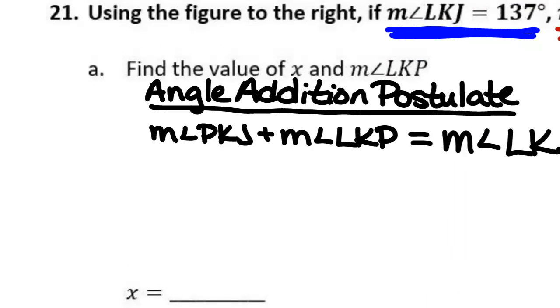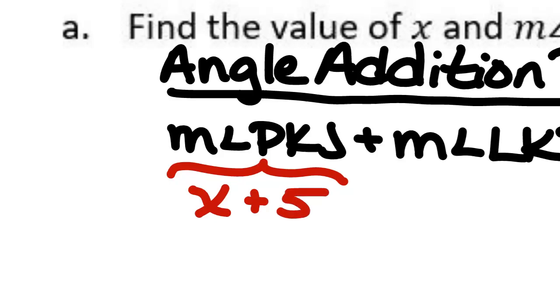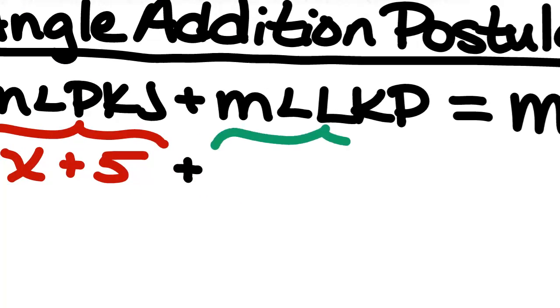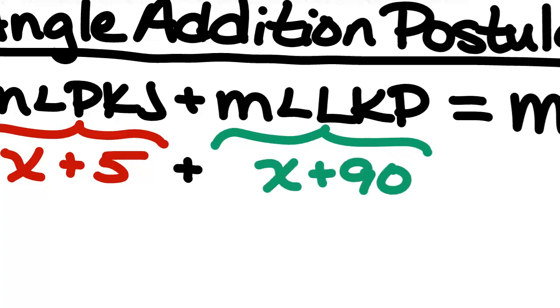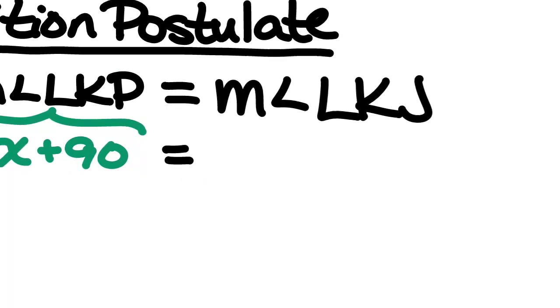And now I can make my substitutions. In the place of PKJ, we're going to put in x plus 5. Drop my plus sign down here. In the place of LKP, we're going to put x plus 90. And in the place of LKJ, we're going to put 137 degrees.